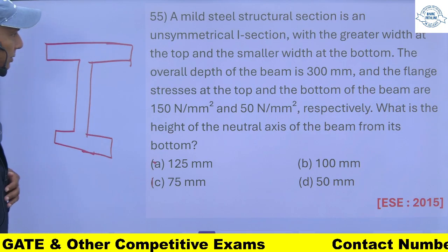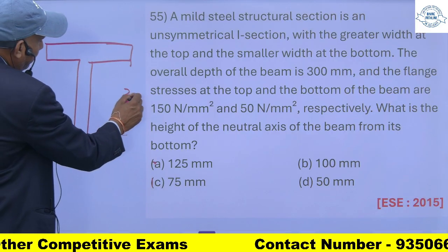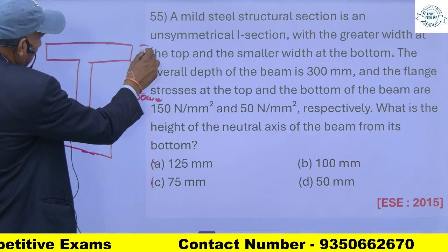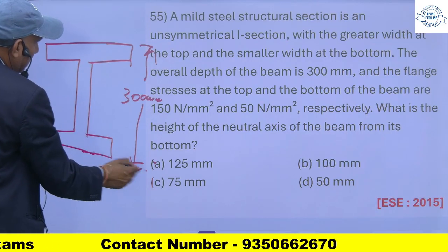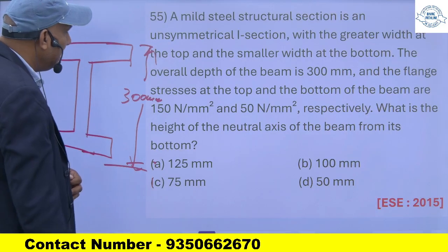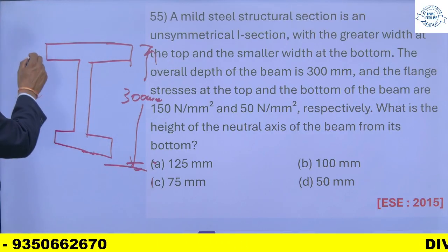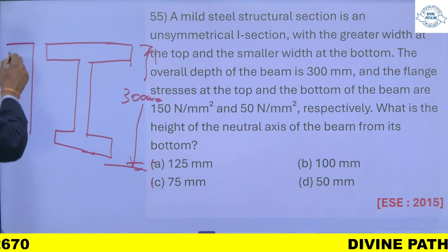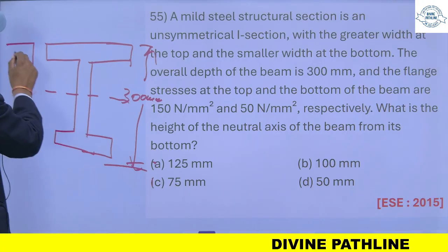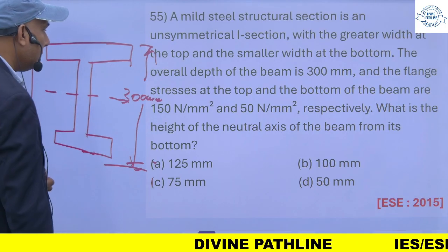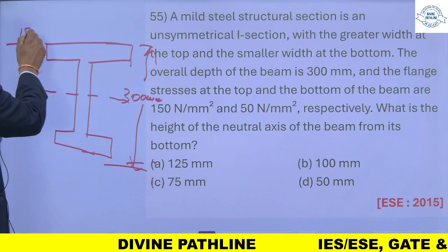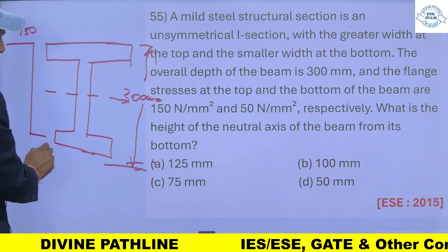The overall depth of the beam is 300 mm, and the flange stresses at the top and bottom of the beam are like this. At the top it is 150 and this is 50.